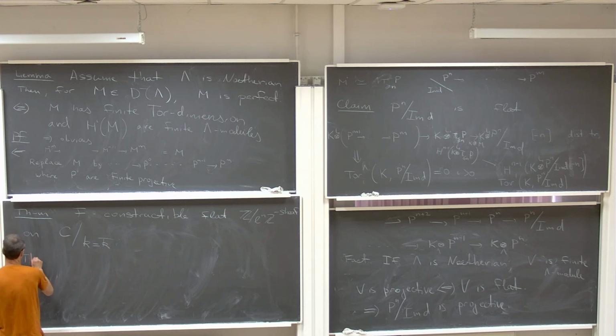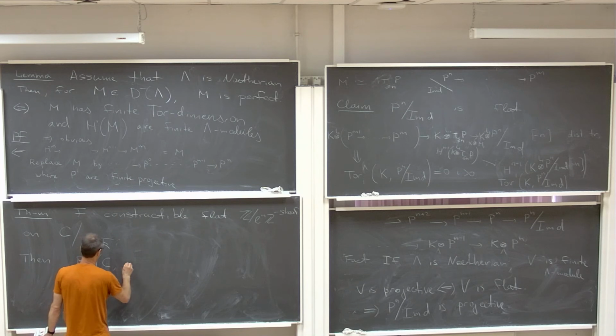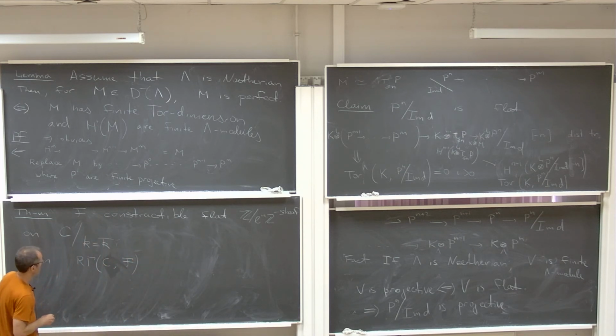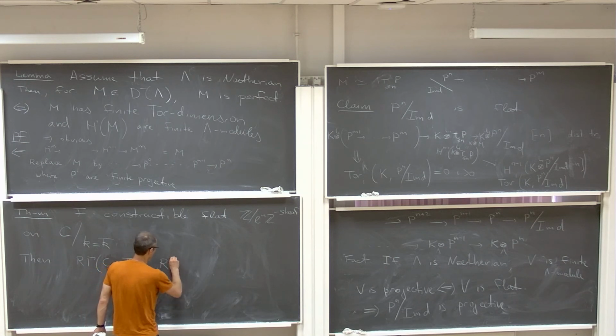Then R gamma of C with coefficients in F, and also R gamma with compact support, are perfect.